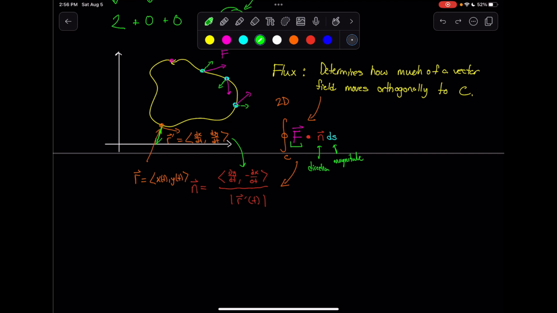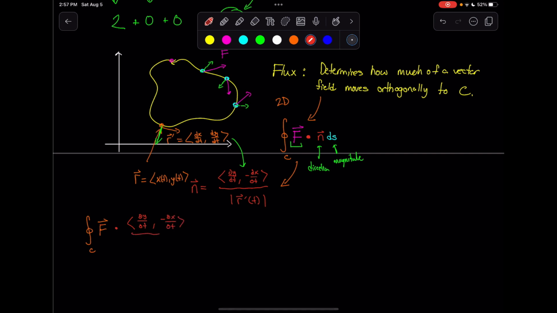So this is how we do this. We can go ahead and plug things in. In order to calculate the flux of our vector field F, we can plug in certain things. So this is F dot, then we're going to have dy/dt, comma, negative dx/dt.